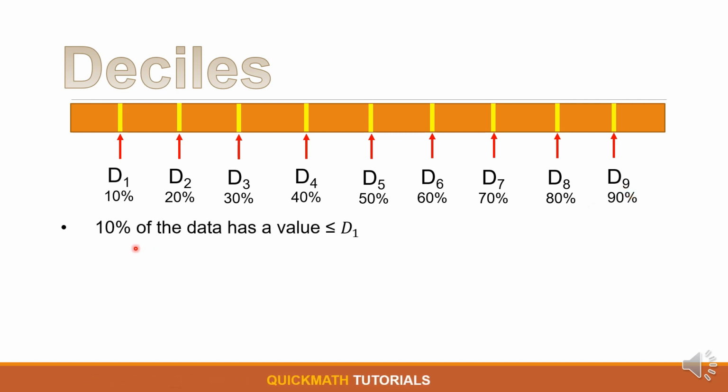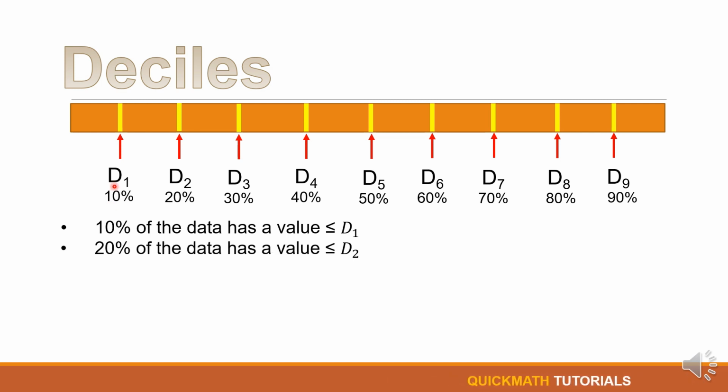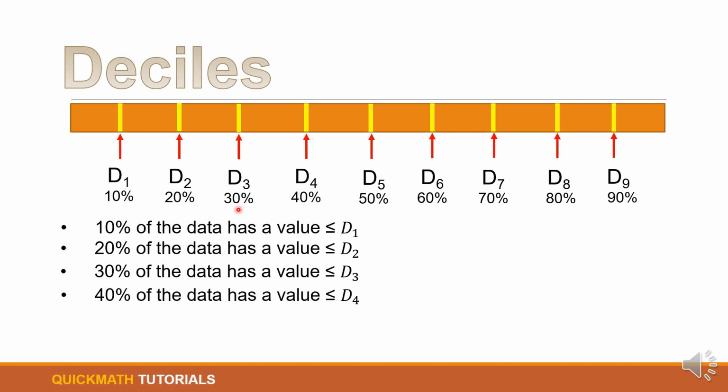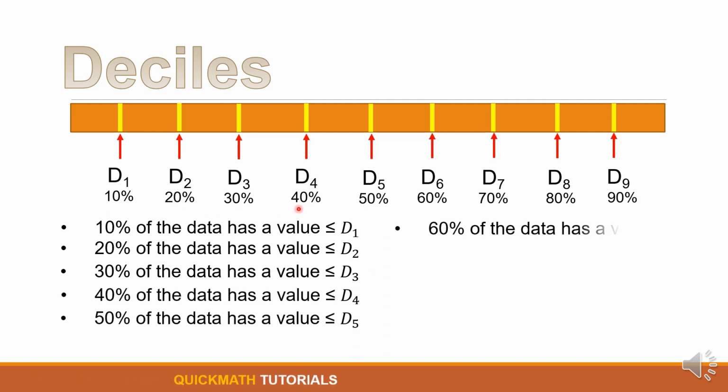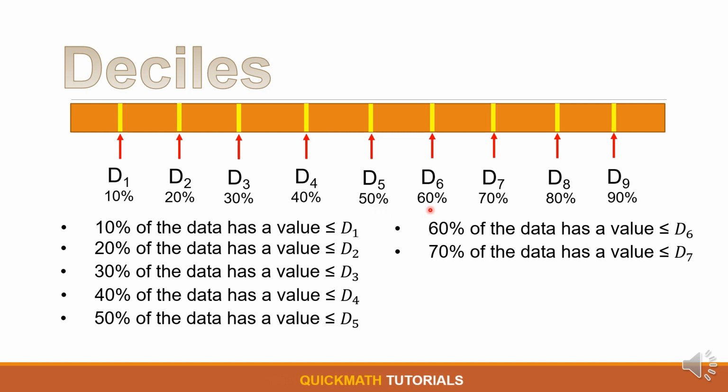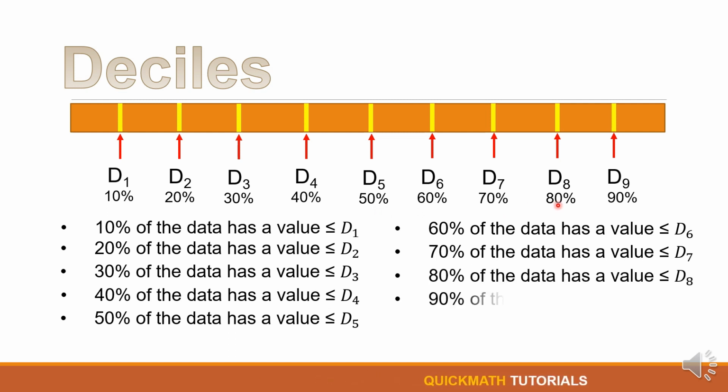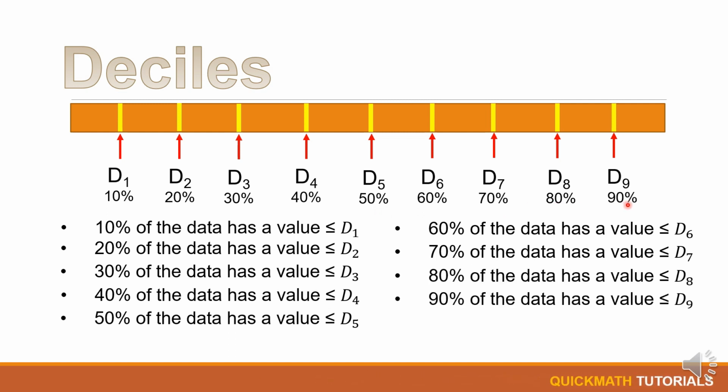This also means that 10% of the data has a value less than or equal to D sub 1. 20% of the data has a value less than or equal to D sub 2. You have 30%, 40%, 50%, 60%, 70%, 80%, and 90% of the data has a value less than or equal to D sub 9.